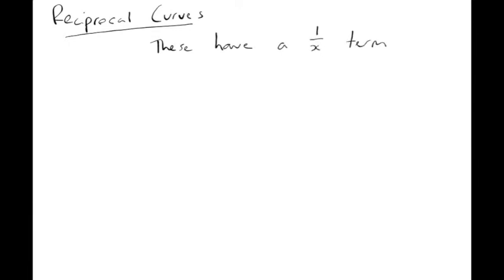We'll have a look at another curve. We'll have a look at a reciprocal curve. A reciprocal curve contains a term of 1 over x. So we'll have a look at this through an example. We'll have a look at this as 12 over x. You can work out a few points on this. You can work out when x equals 1, y is 12. When x equals 2, y is 6.